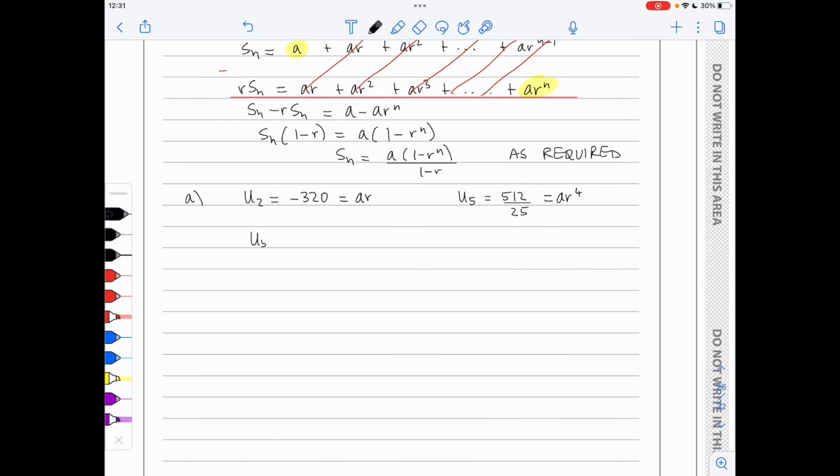U5 over U2 is 512 over 25 over minus 320, which is ar to the 4 over ar, and therefore we get that minus 8 over 125 is r cubed, and therefore r is the cube root of minus 8 over 125, which is minus 2 over 5.